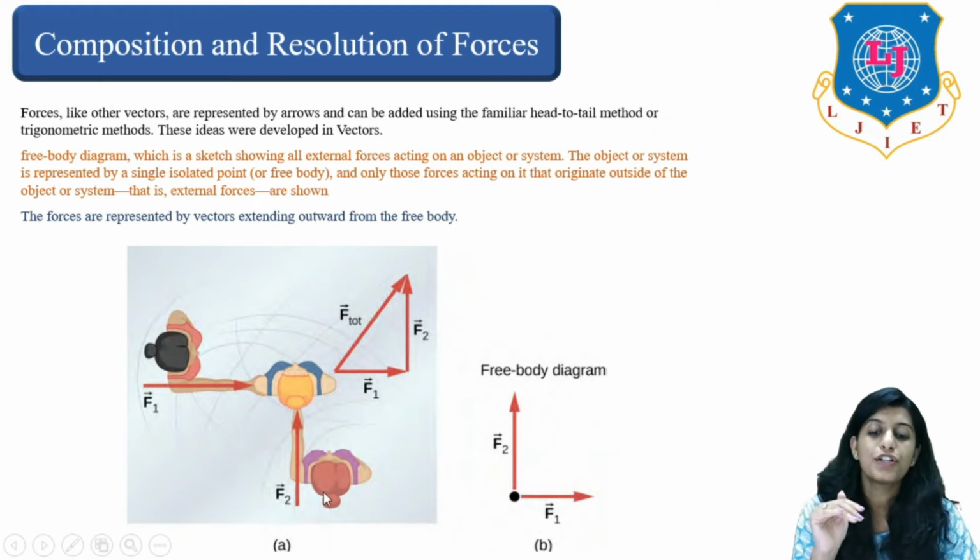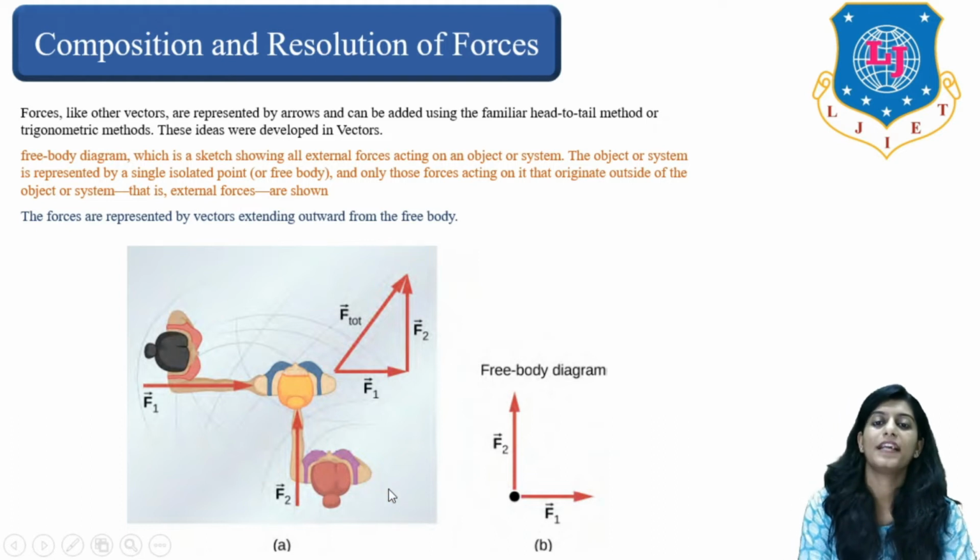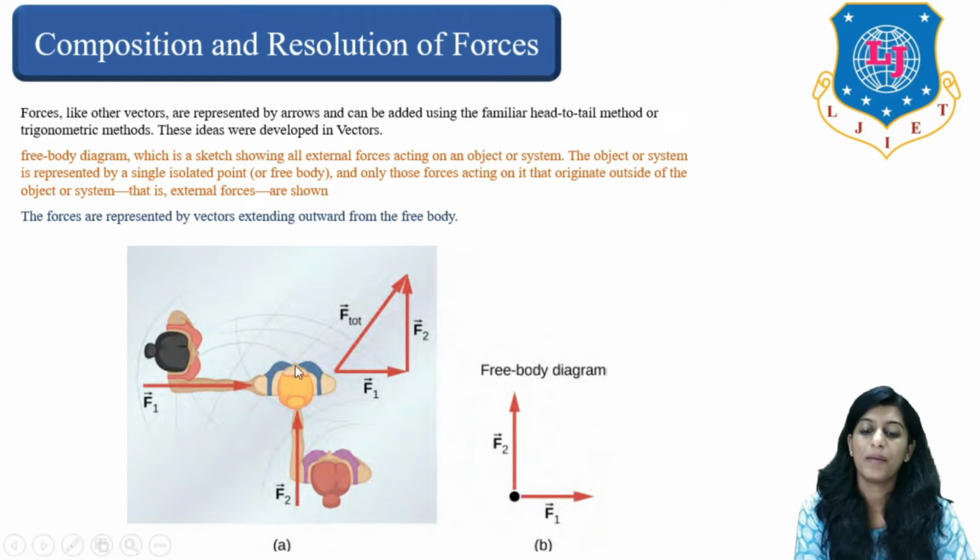Once you observe it, you can easily form a free body diagram. Clear? It is very easy for us to form a free body diagram once we resolve all the components of forces. So for a free body diagram, you can see here this is a body and there are two different forces coming out of it.